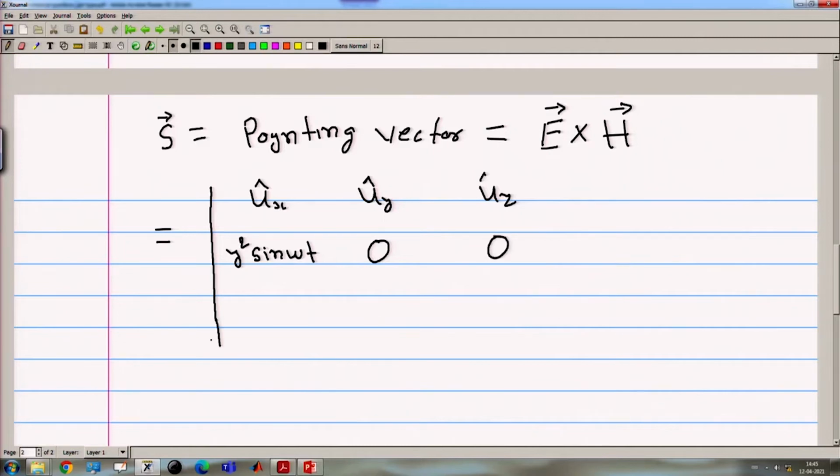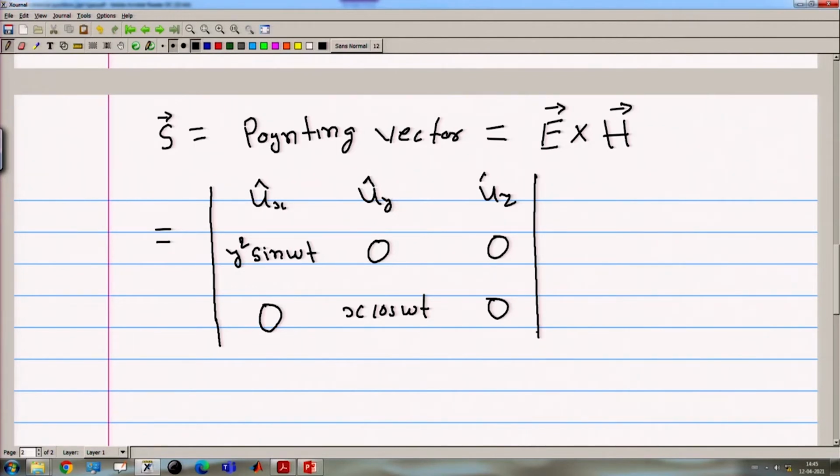H has only a y component: the x component will be 0, the y component will be x cos omega t, and the z component will be 0.